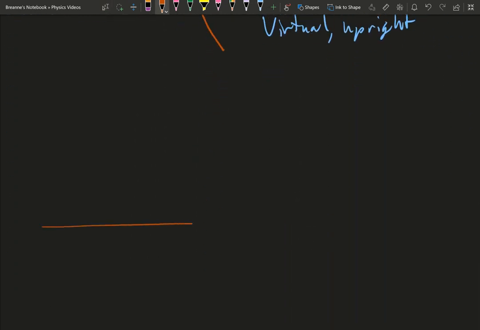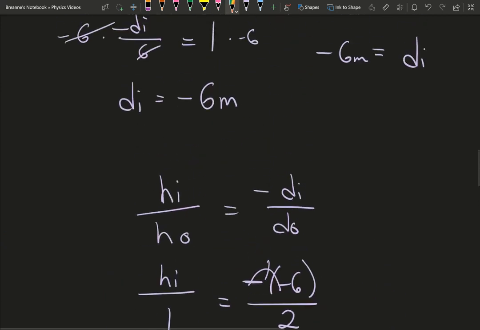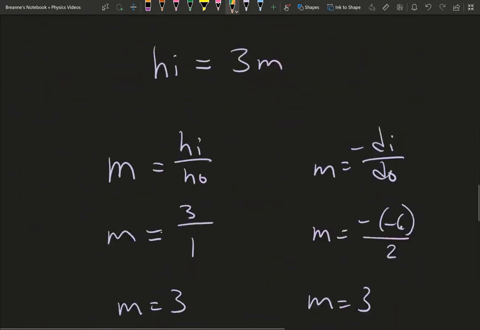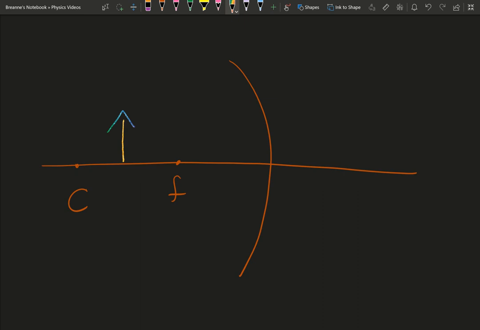So we're going to go back to the concave. Your concave can get a little bit more complicated. So again, we have our focal point, and we have our center. So we did in front of the focal point, is that what we did? Yep. Let's see if we do it in between the focal point and the center.